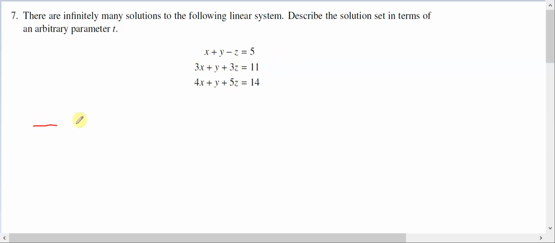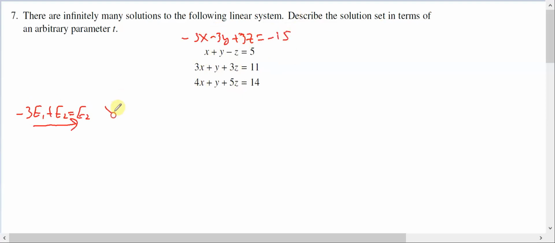So I will just start here and say I'm going to convert this system by taking minus 3 times equation 1 and adding that to equation 2, and that's going to become my new equation 2. So minus 3 times equation 1 looks like this. That's a positive 3z equals negative 15.